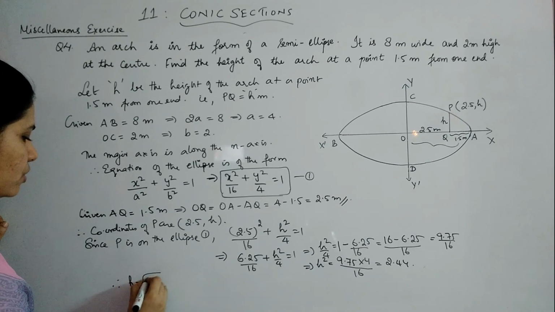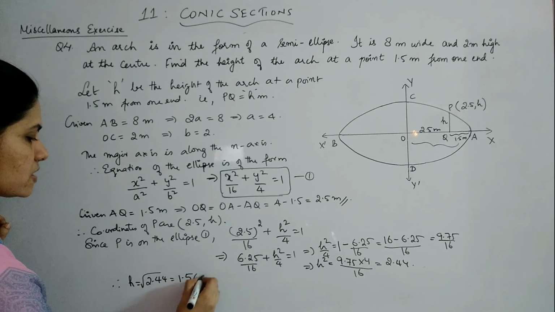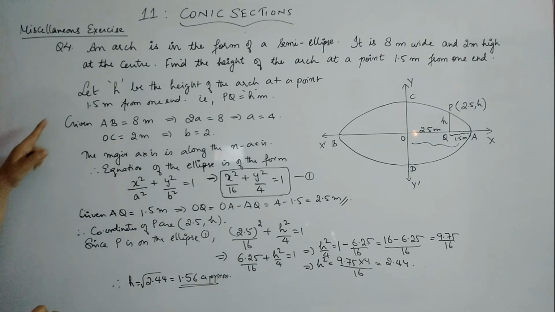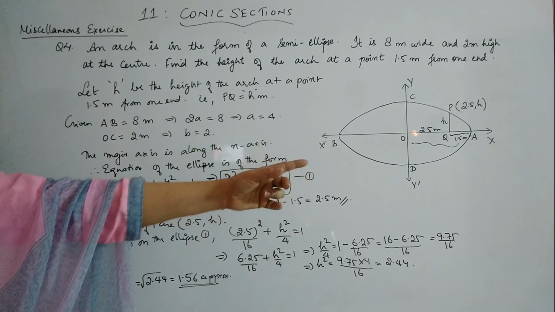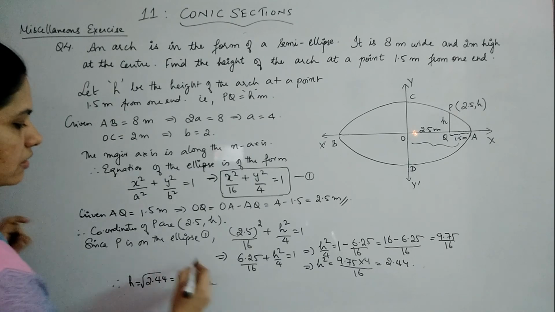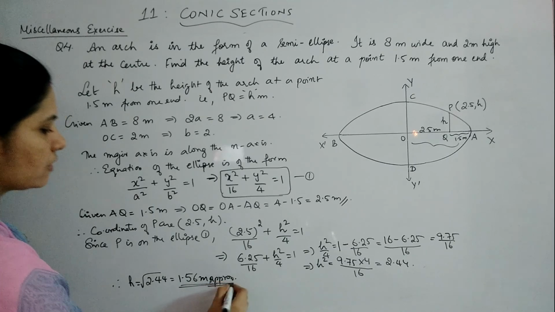H is equal to root of 2.44, which is equal to 1.56 approximately. Therefore, the height of the arch at a point 1.5 meter from the end will be 1.56 meters approximately. Okay.